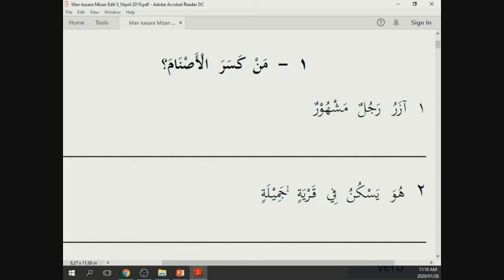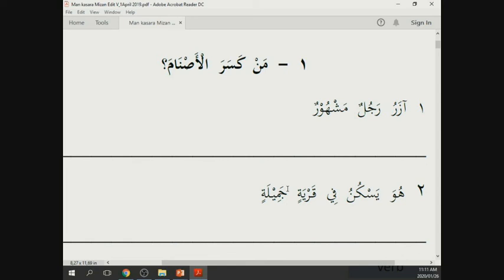Next sentence. He lives in a beautiful village. Good. He makes idols. Right. You might have learned something over there.